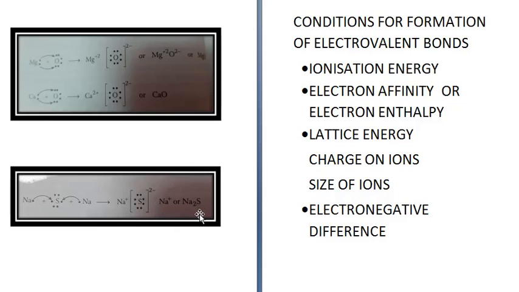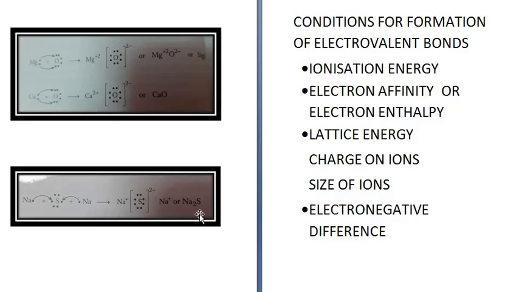Okay. Now next let us study about conditions for formation of electrovalent or ionic bonds. First condition is ionization enthalpy. Low ionization enthalpy of the atom which forms the cation on losing electrons favors the formation of ionic bond.